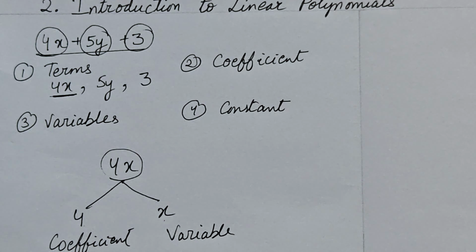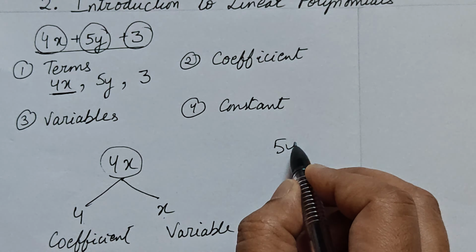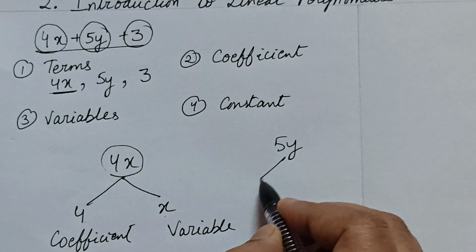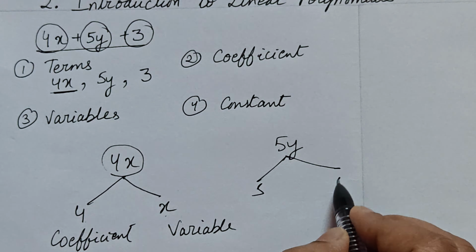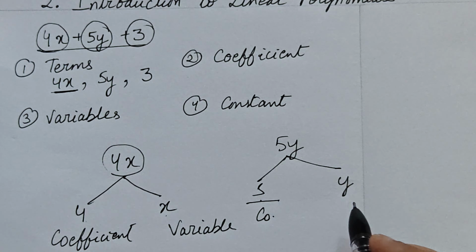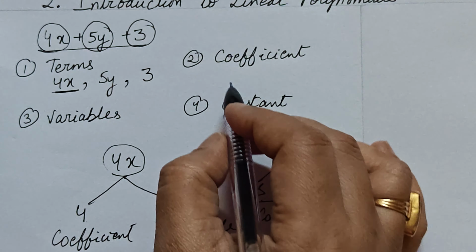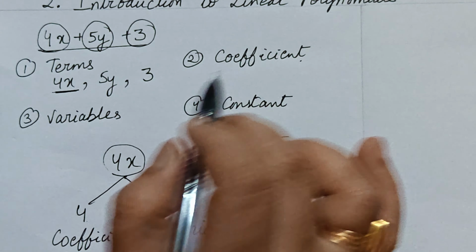Okay. Same case, if we take the term 5y, 5 and y: 5 is the coefficient. Y is the variable. So you have got this.